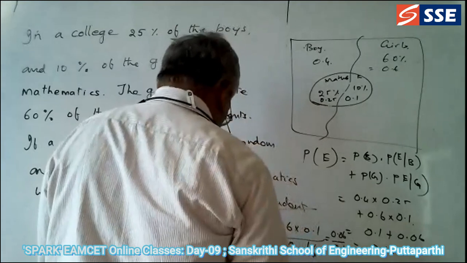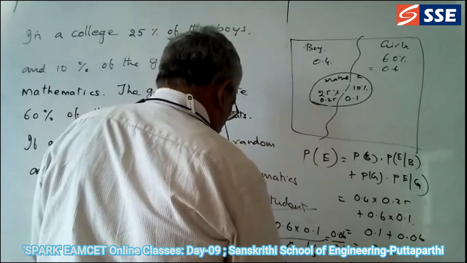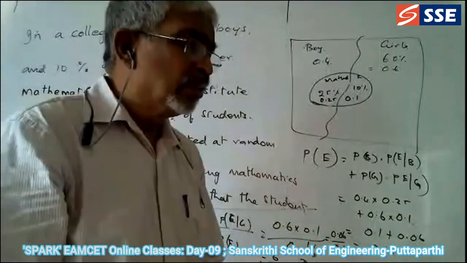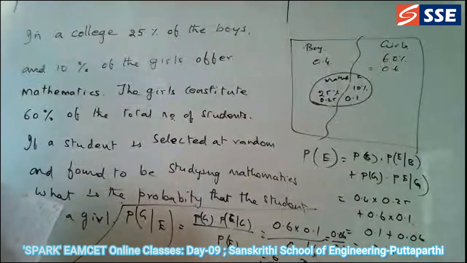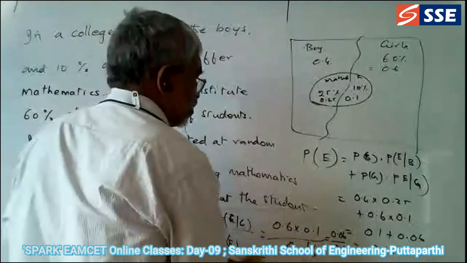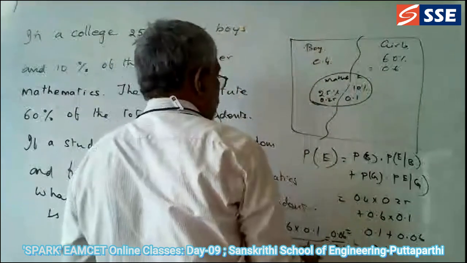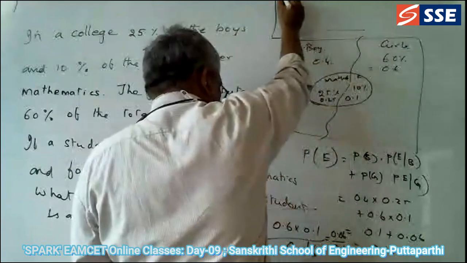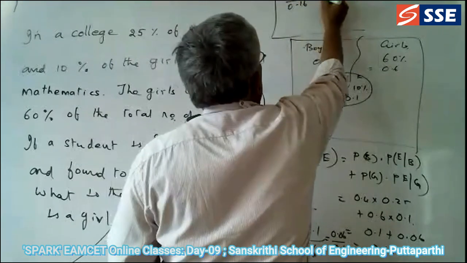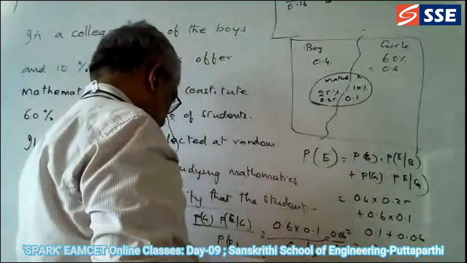So the answer is 0.06 by 0.16, that is 6 by 16, that is 3 by 8. The answer is 3 by 8.